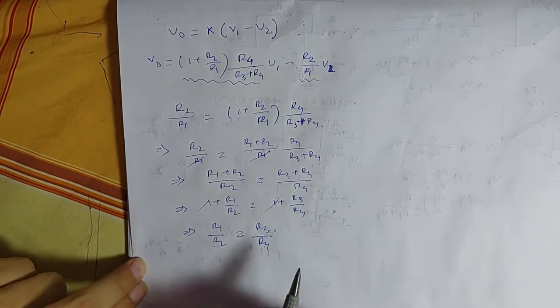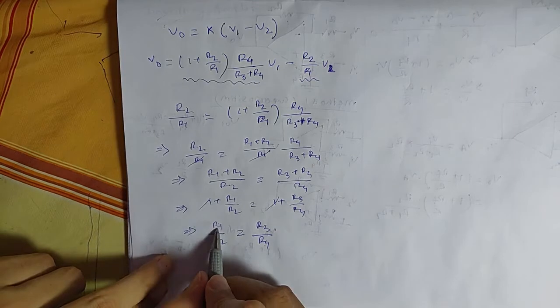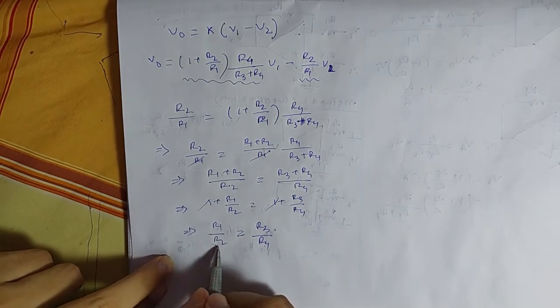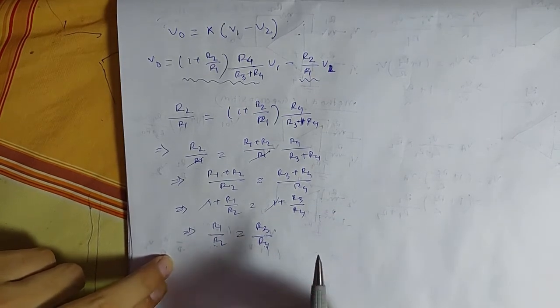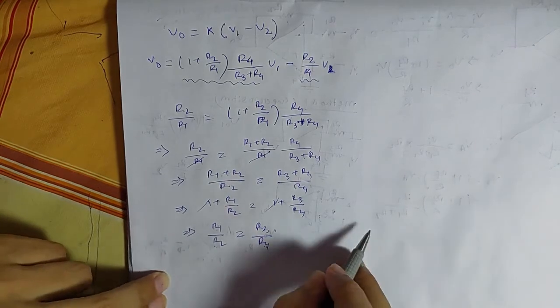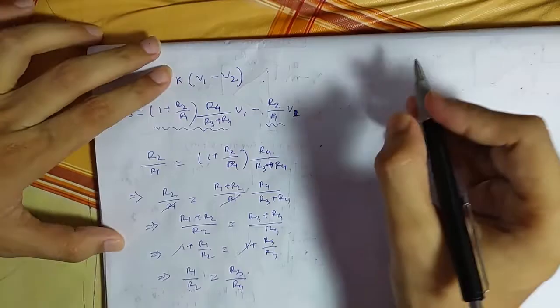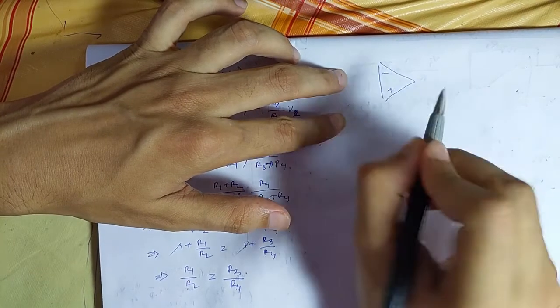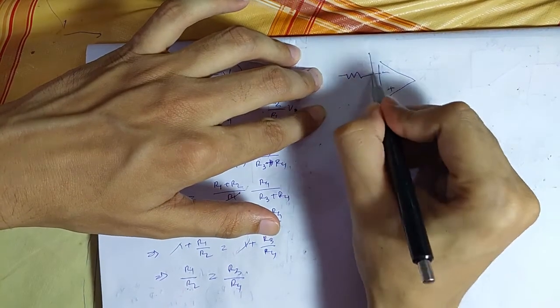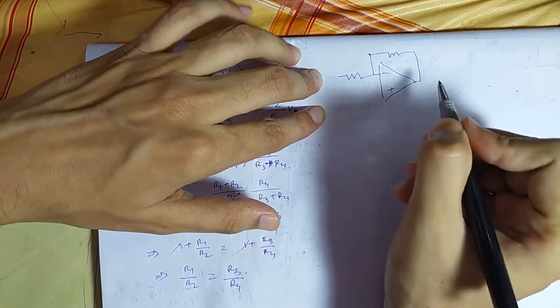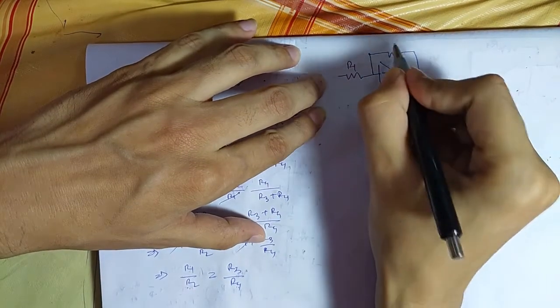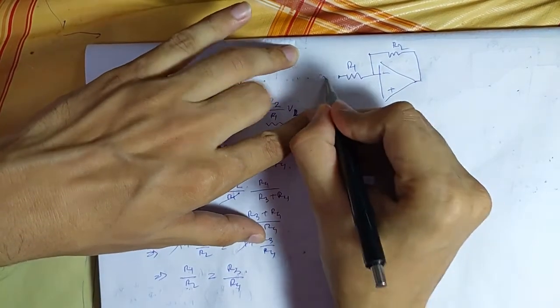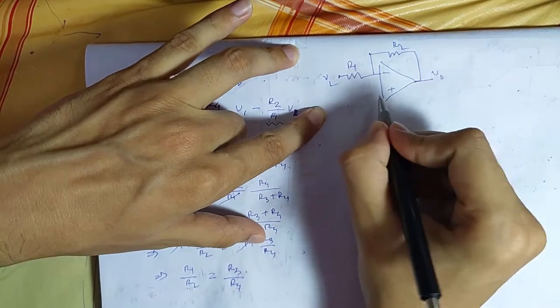One way to achieve this is by considering R1 equal to R3 and R2 equal to R4. So then the effective circuit will become like this: R1, R2, V2, V0.